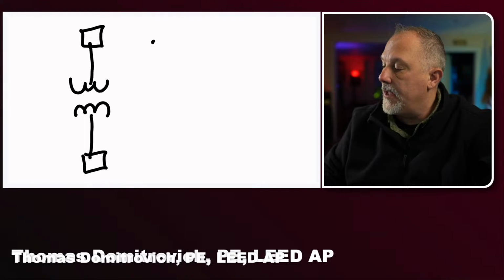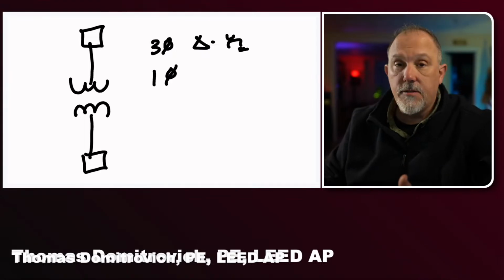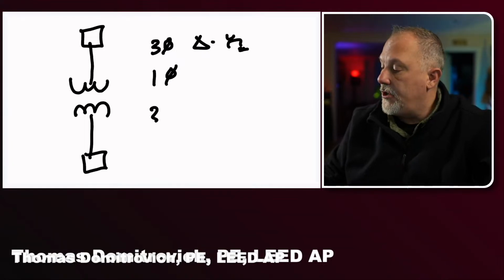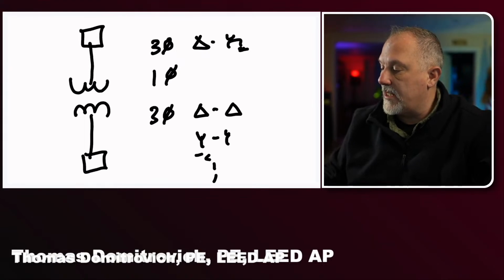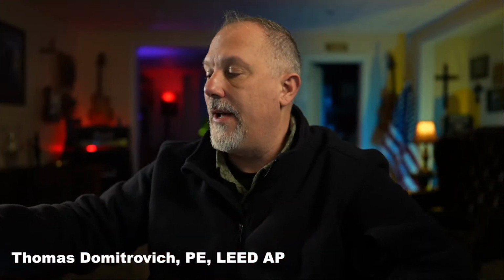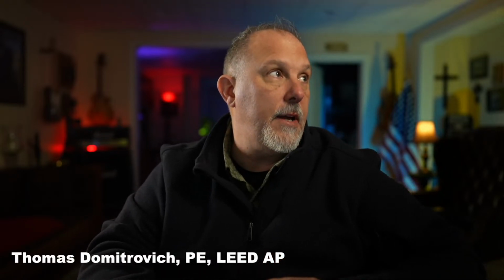You can have a three-phase delta Y ground. You can have a single phase. There's no delta or whatever in a single phase. You can have a three-phase delta delta, Y Y, etc.